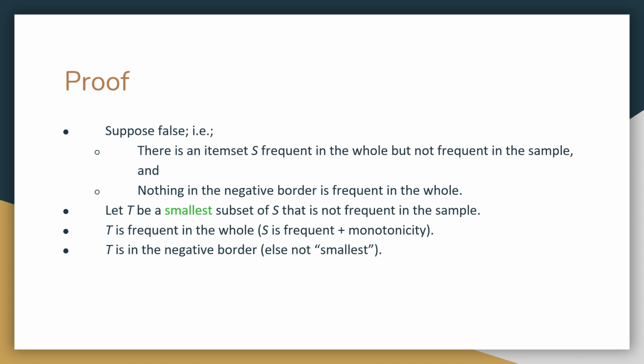So that statement is contradicting, because we started by saying that there is nothing in the negative border that is frequent in the whole, but now we see that T is both frequent in the whole and also in the negative border. Since the statement is contradicting, we can say that Toivonen's algorithm gives the truth.